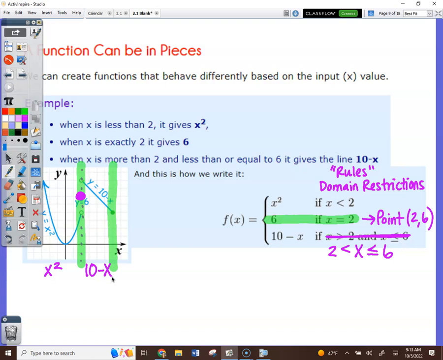So you're looking at the graph and you're sectioning it off. Now this one random point, I'm just going to draw an arrow, this was the point 2, 6. It's just kind of like a weird little, hey, wait a minute, just drop a point there.